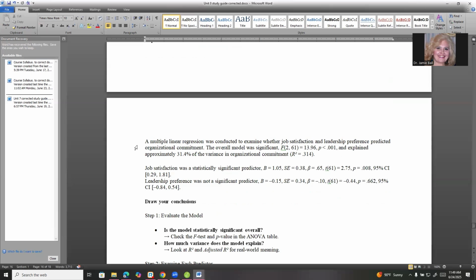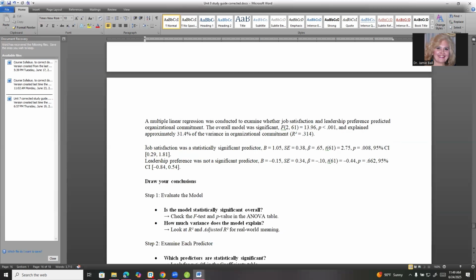Okay, so here's how I would report this in APA. A multiple linear regression was conducted to examine whether job satisfaction and leadership preference predicted organizational commitment. The overall model, this is the ANOVA, was significant. F, my degrees of freedom, my F statistic, comma, p was less than 0.001, and it explained approximately 31.4% of the variance, which is R squared, 0.314, in organizational commitment.